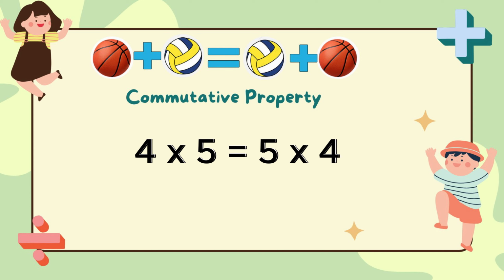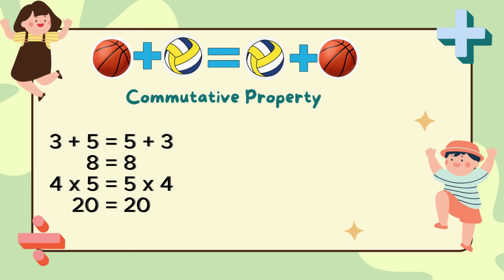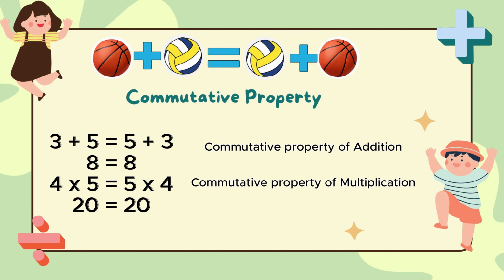So, 4 times 5 is equal to 20 and 5 times 4 is also equal to 20. This is an example of the commutative property under multiplication. So, again, our two examples are the commutative property of addition and the commutative property of multiplication. So, with the commutative property, even when we change the order, the result is just the same.